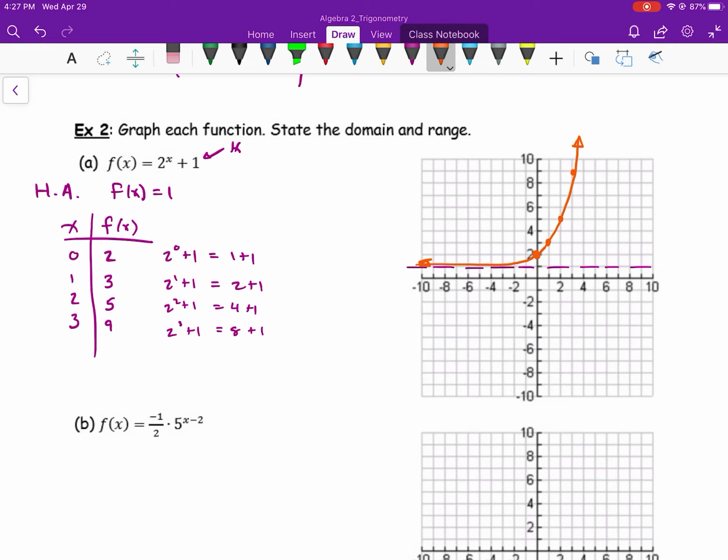And then your domain and range. Domain's the same, as I said in the previous problem, negative infinity, positive infinity. Our range, and this is interval notation, my range is my horizontal asymptote, which is 1, and it goes up to positive infinity.